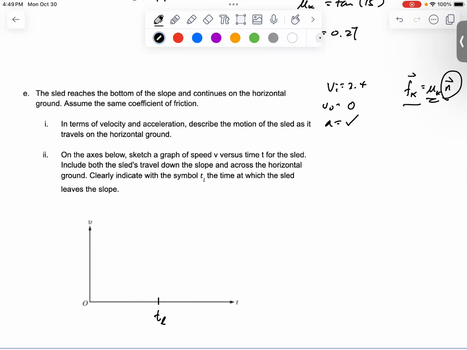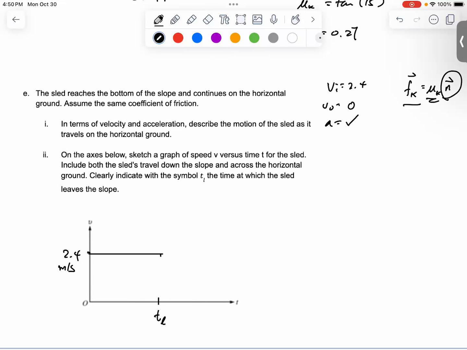Very good. All right, so the first part should be pretty straightforward because it's constant velocity on the slope, right? So I don't think anybody would miss this part. If you are asked to label, then you should be able to label this as 2.4 meters per second.